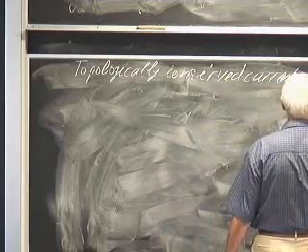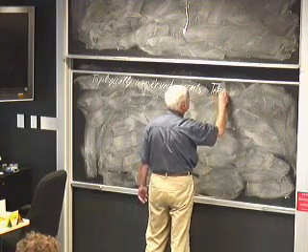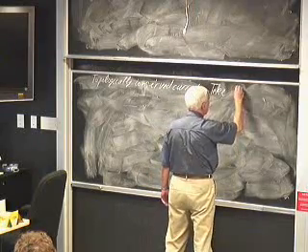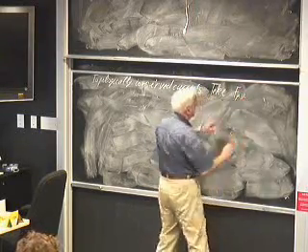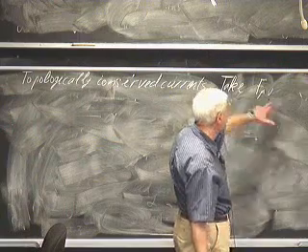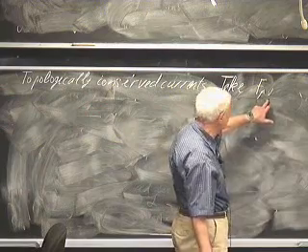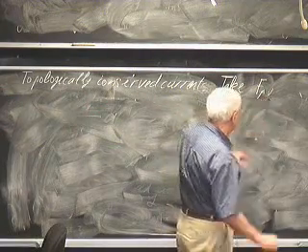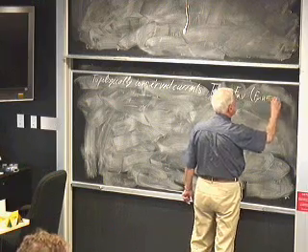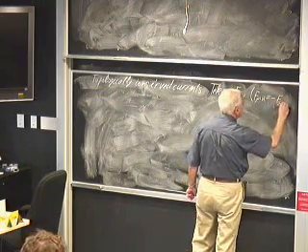So take some anti-symmetric tensor, not necessarily QED, but just so you would understand it. So F mu nu equals minus F nu mu.